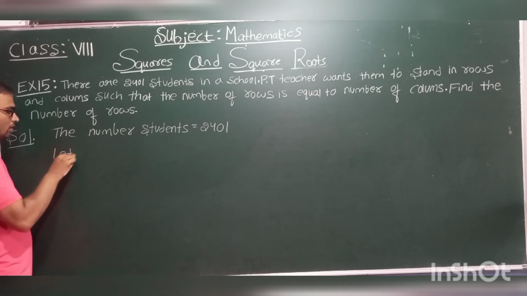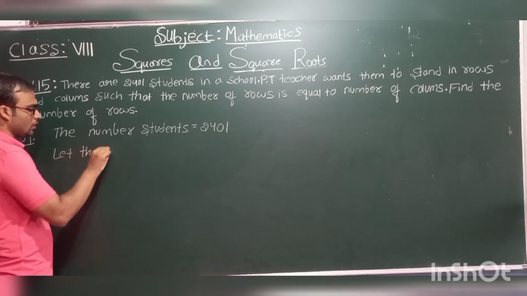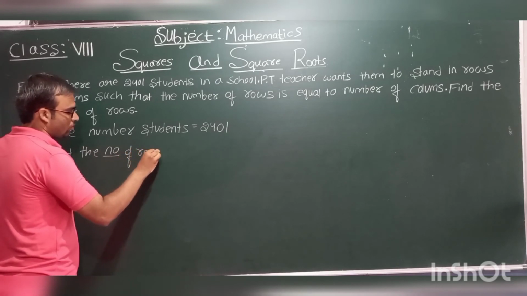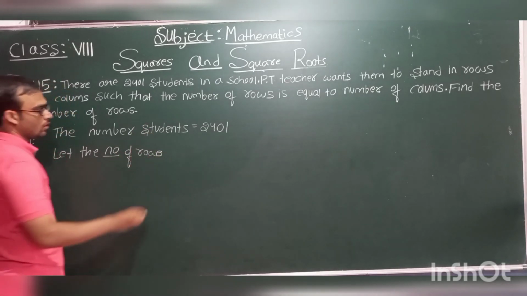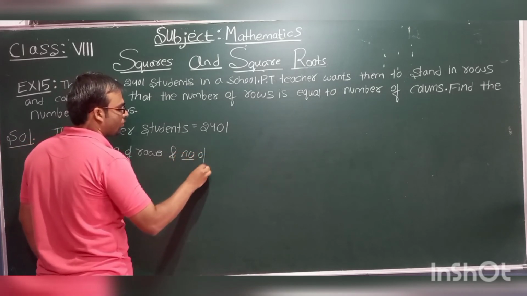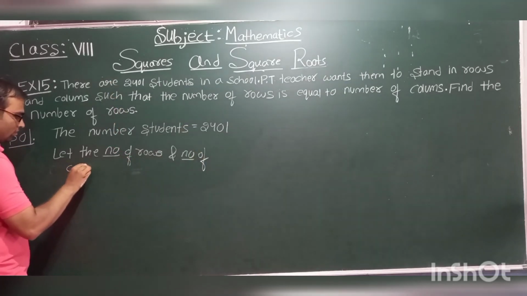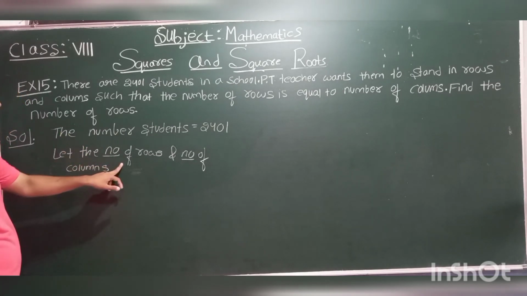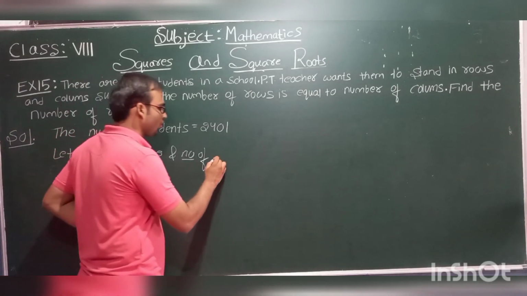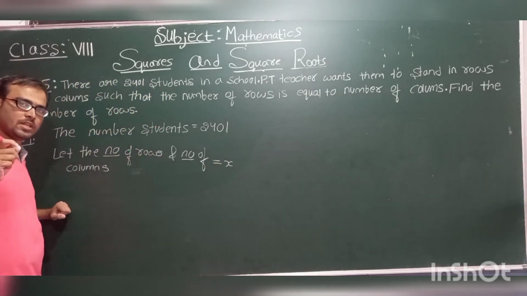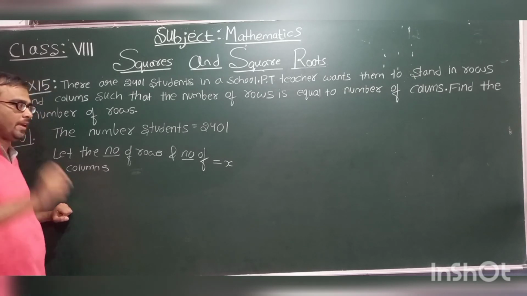Let the number of rows and the number of columns equal x. Number of columns are x, number of rows are x.